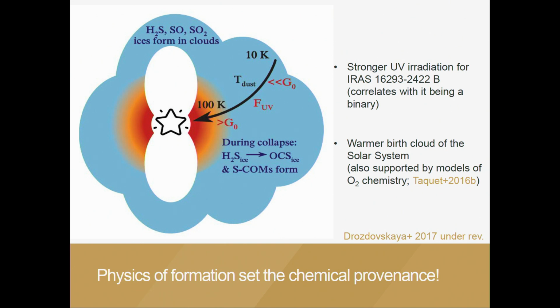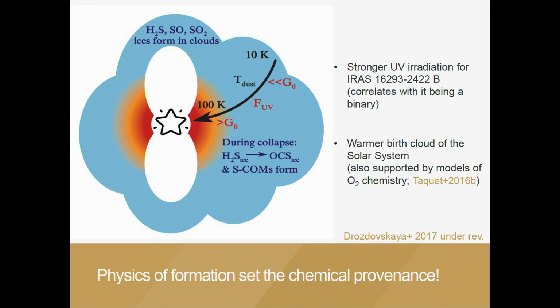However, this can also jointly go with a warmer birth cloud, because that will reduce the amount of CO, change the amount of OCS available, which has also been supported by some modeling work on O2. But all in all, the main takeaway is that the physics of formation set the chemical provenances.